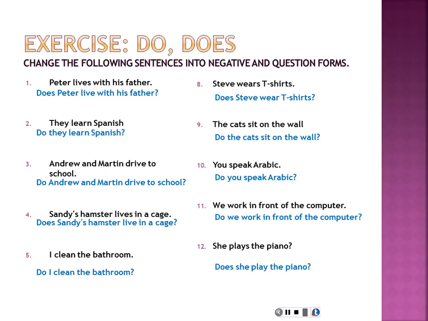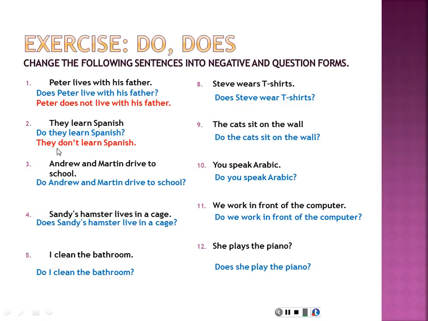Okay, I hope that you have finished. Now, number one. Peter lives with his father. We change it, it becomes Peter does not live with his father. So we add does and not before the verb and we delete the s. They learn Spanish, they don't learn Spanish.